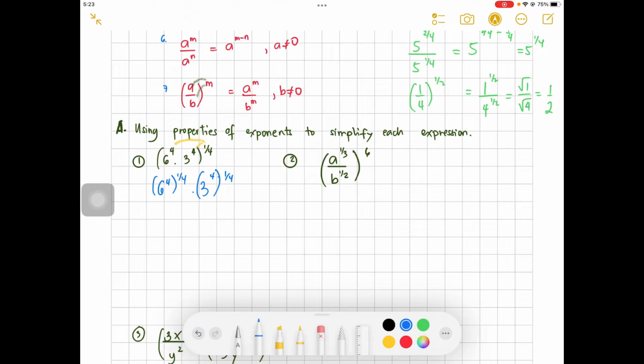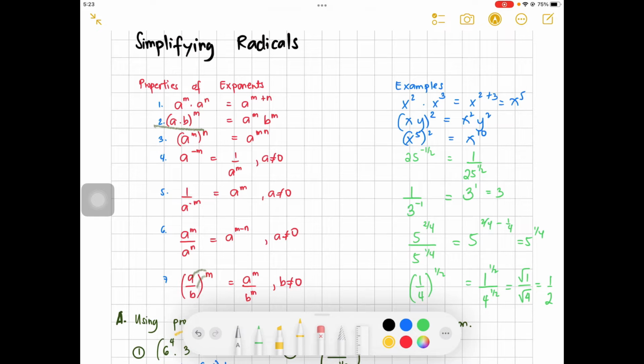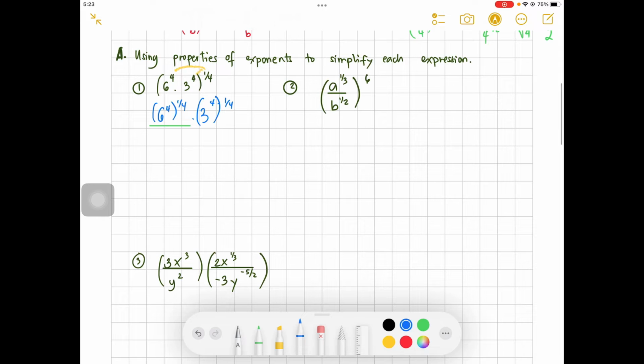Next, how do we simplify 6 raised to 4 raised to 1/4? We just multiply the exponents. That is applying property number 3. So 6 raised to 4 times 1/4, that is 1, times 3 raised to 1/4, that is 1. So 6 times 3, the answer is 18.